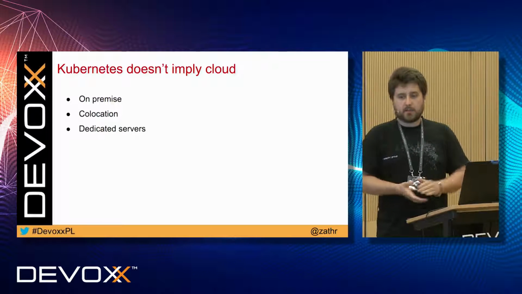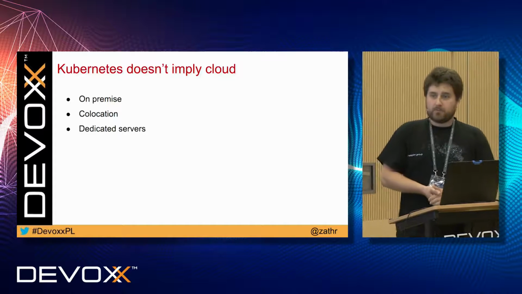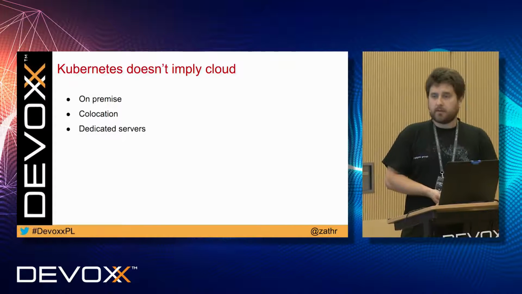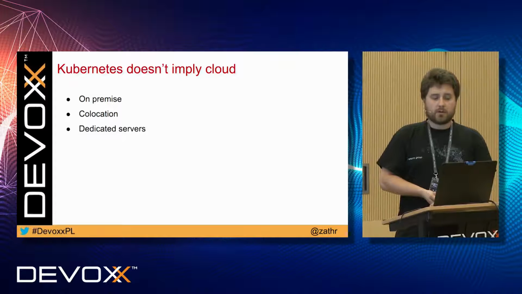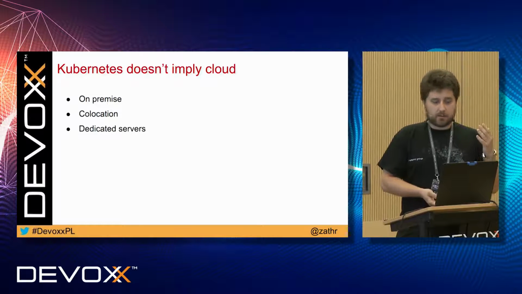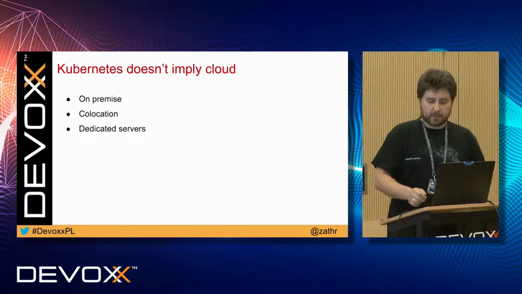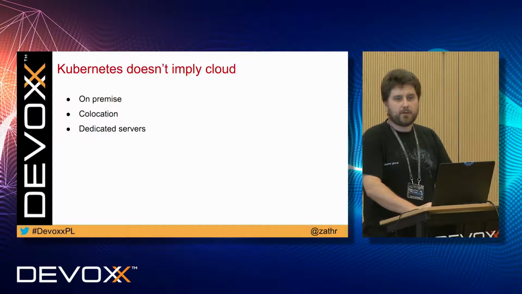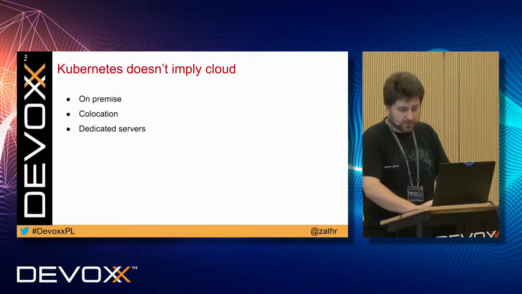It saved us a lot of money. You might also be fine with on-premise or colocation, and it can still be good for you to benefit from other Kubernetes features.